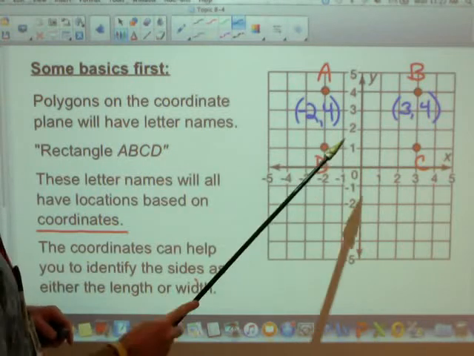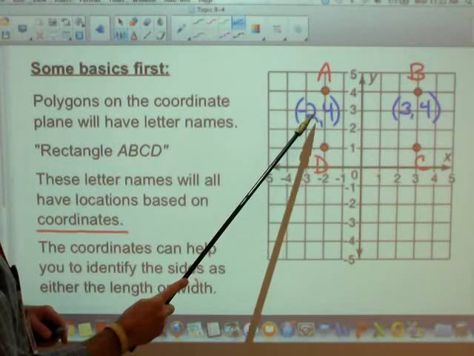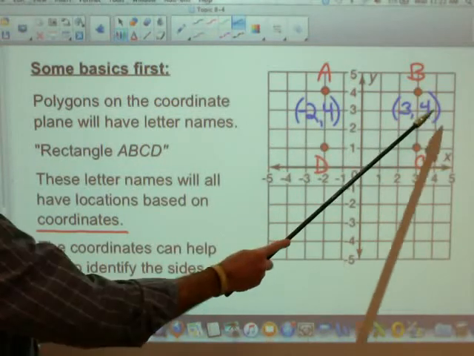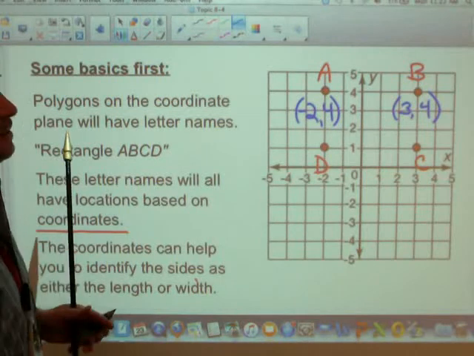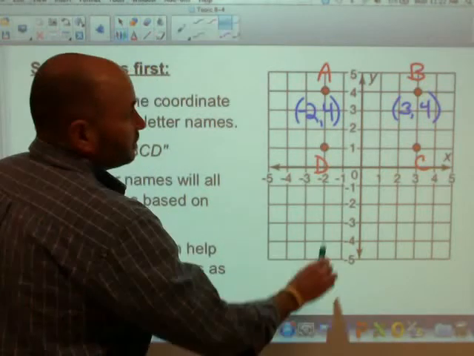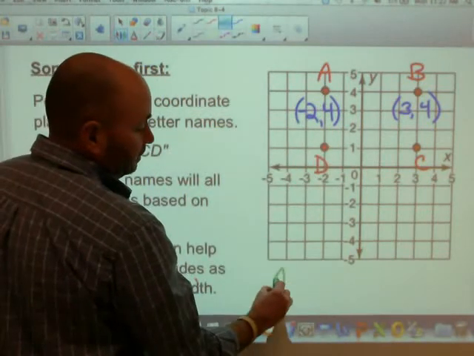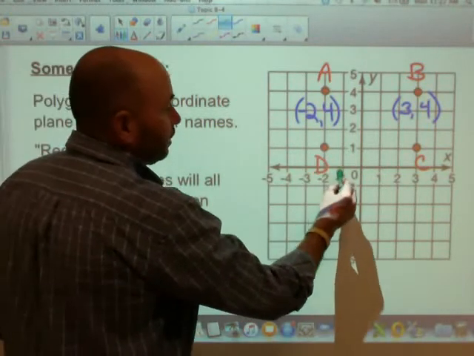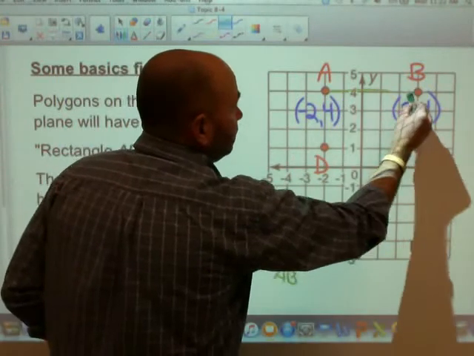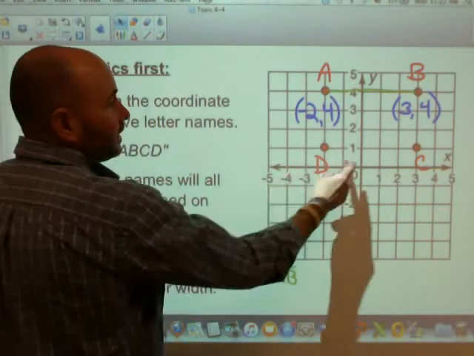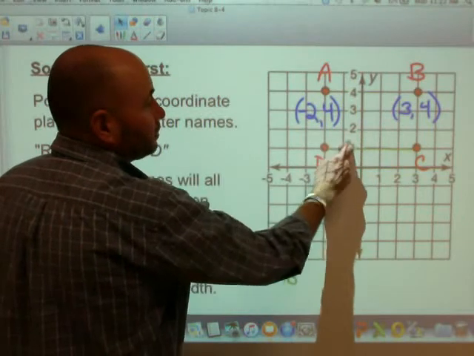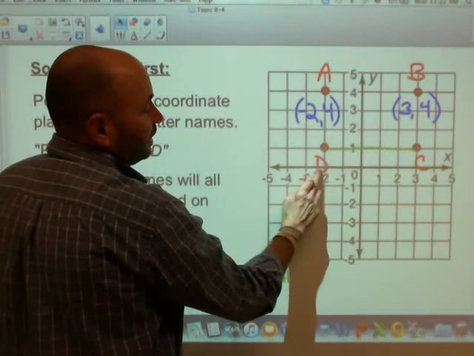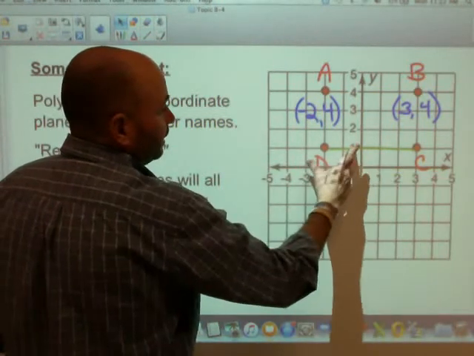So for example, you'll see that they have different x values and they have y values that are the same. So that means that line segment AB is parallel to the x-axis. And that's kind of important to think about because as you can see as I slide it up, it also means that line segment DC is going to be parallel to the x-axis.